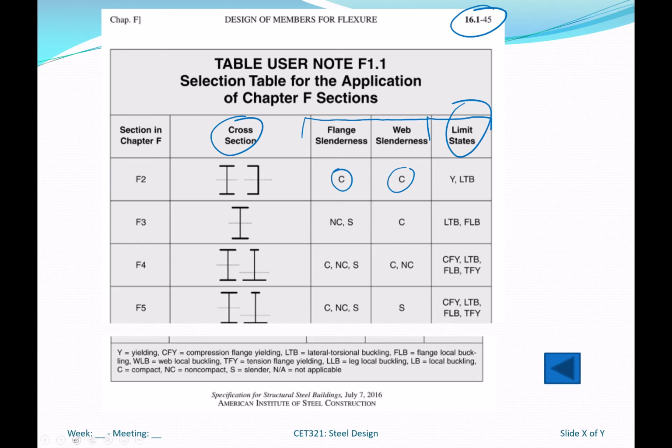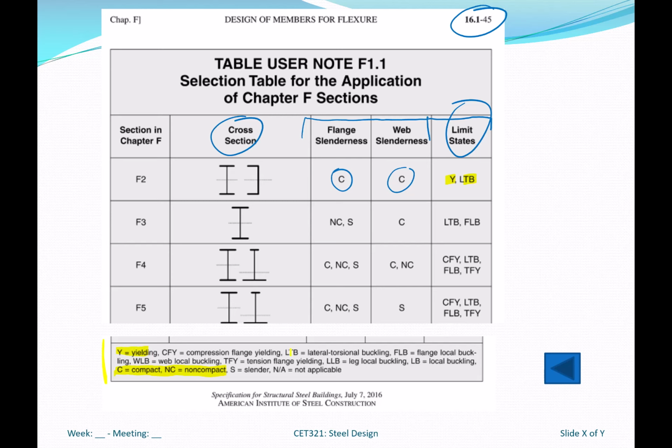All right, so again, if you look at this down here, first thing, C is compact or non-compact. Compact is the ideal condition. Okay, that's the best you can hope for. Notice these abbreviations here. Y is for yielding.